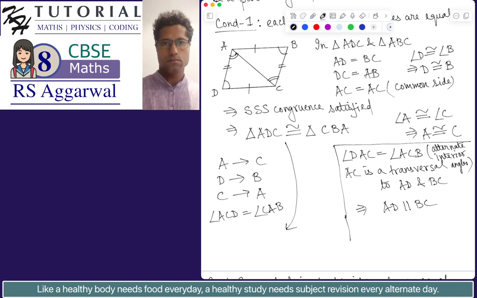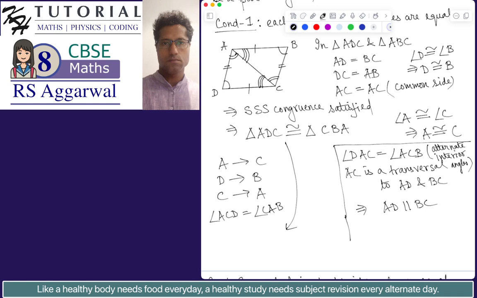Since vertex C of triangle ADC has a correspondence with vertex A of triangle ABC, this angle is the angle produced at vertex C of triangle ADC, and this angle is the angle produced at vertex A of triangle ABC.